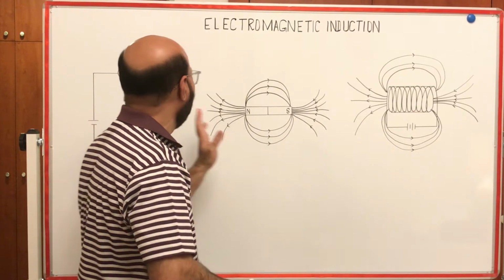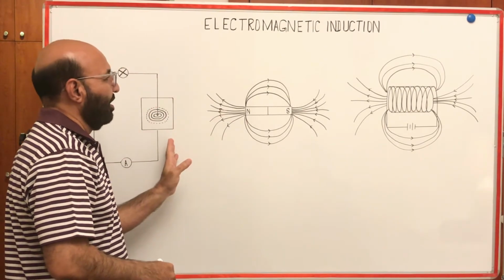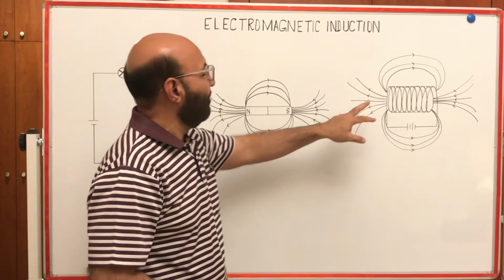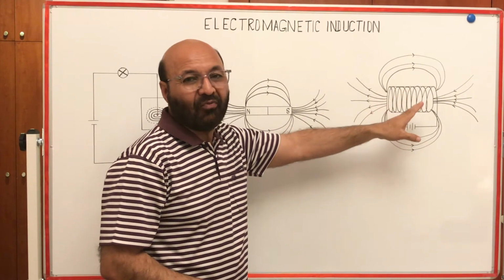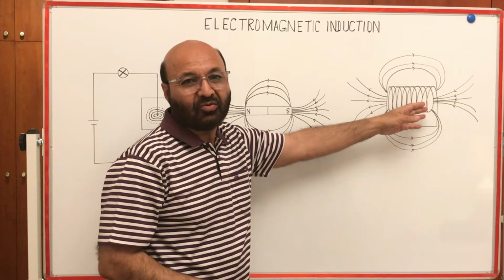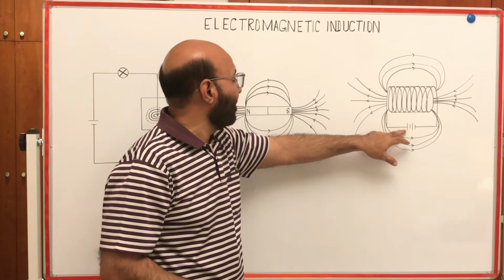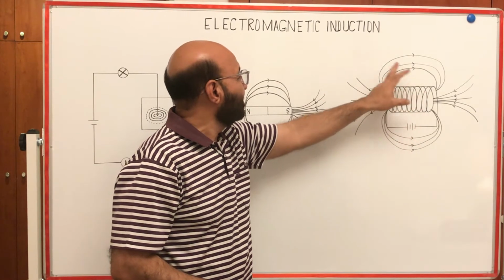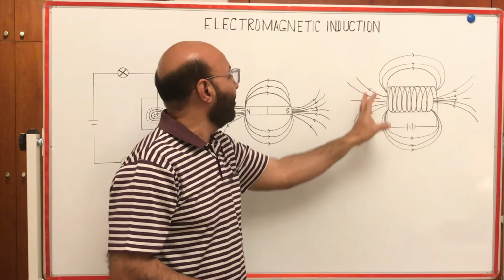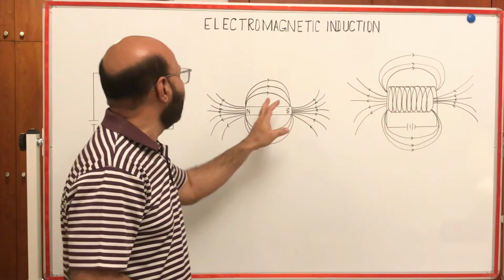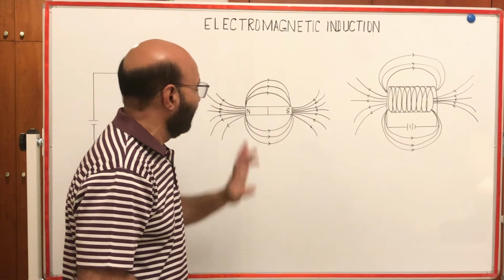Now in place of a straight wire, if we create a loop of wire, which is usually called a solenoid, and connect this solenoid with a battery, we find a similar shape of magnetic field to what we see in the bar magnet.